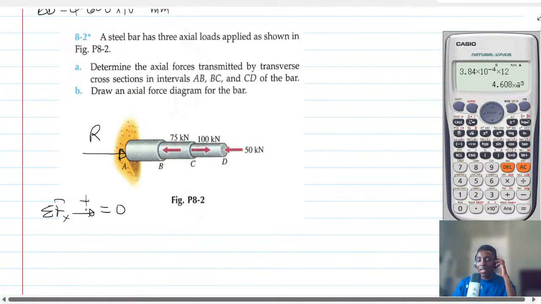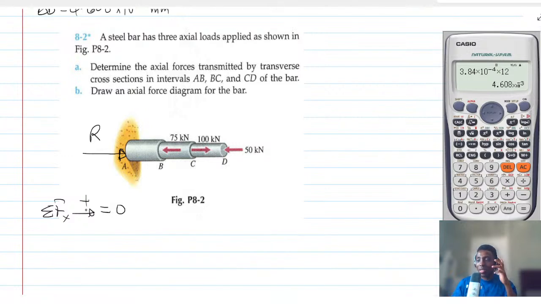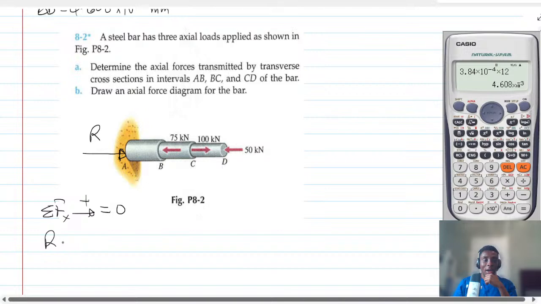I did basic mechanics with you guys, so you know how to sum forces. So R minus 75 plus 100 minus 50 is equal to 0. So we are looking at summation of forces.